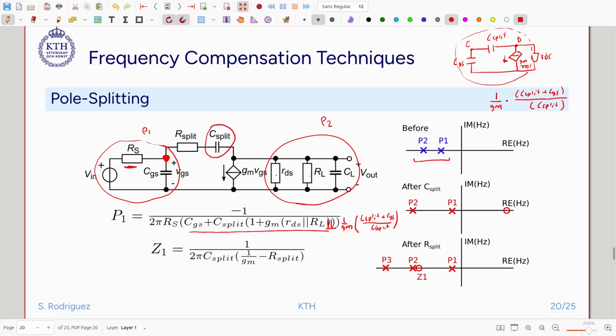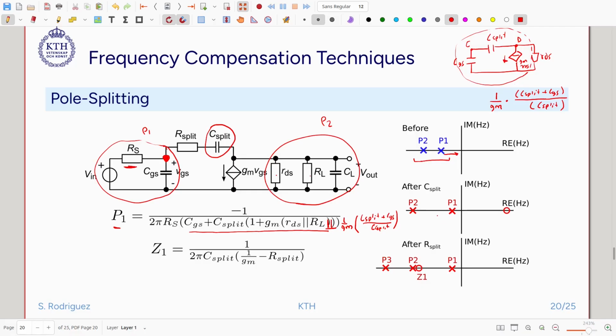Okay, so the first pole will move to a lower frequency. That means it goes in this direction, so it will arrive here at the new position after C split.